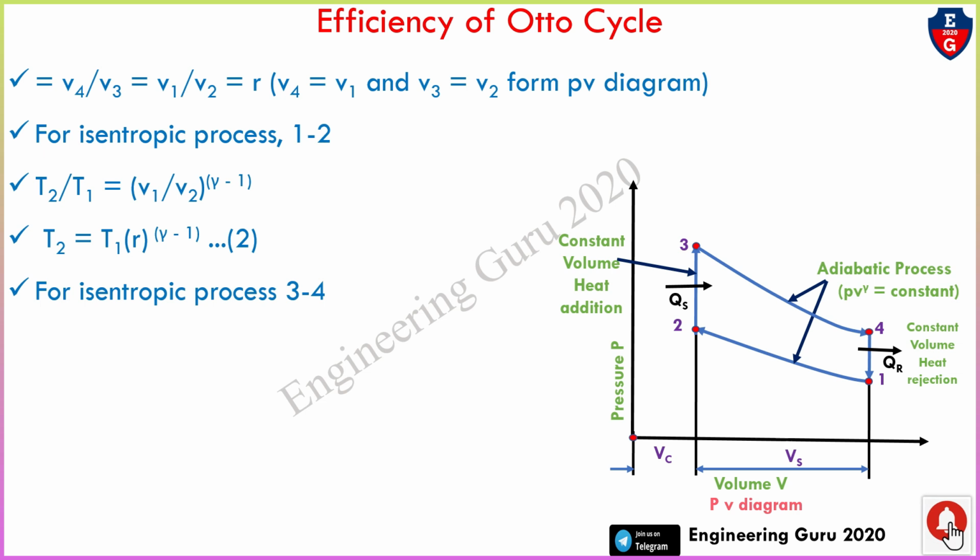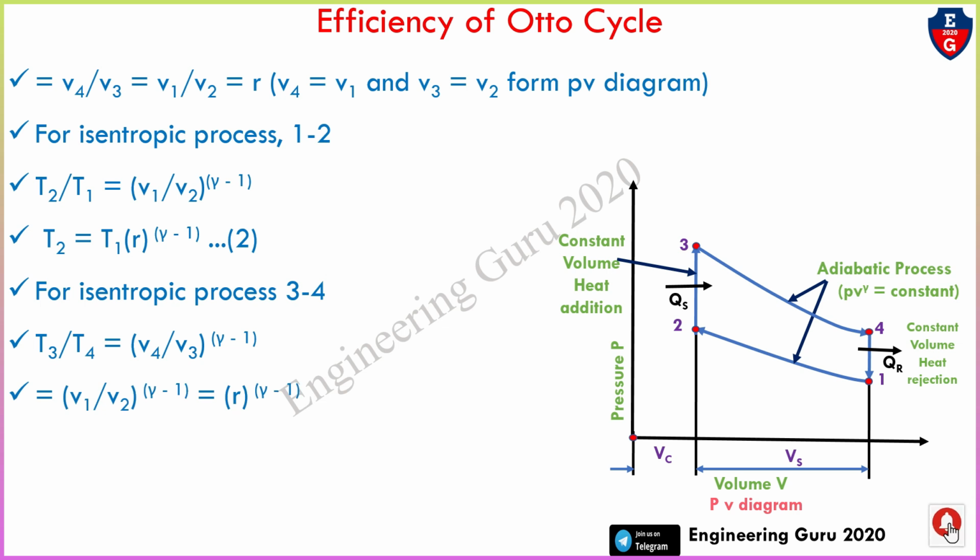For isentropic process 3-4, we can write T3 divided by T4 equals (V4 divided by V3) raised to gamma minus 1, which is r raised to gamma minus 1. So T3 equals T4 r raised to gamma minus 1. This is equation number 3.